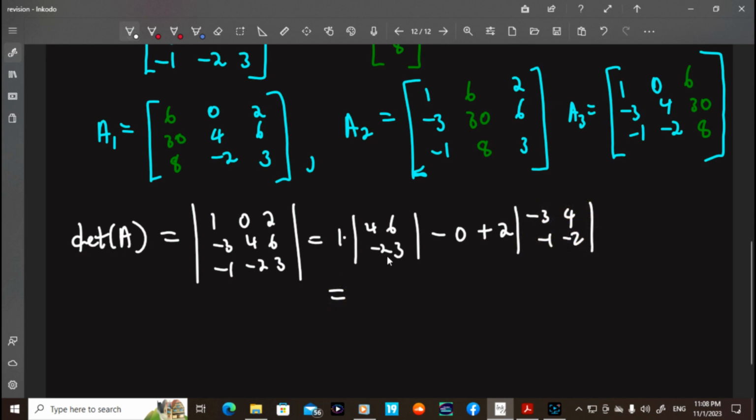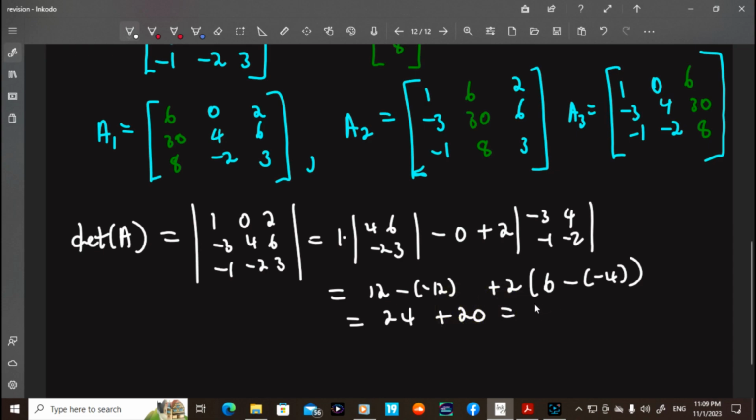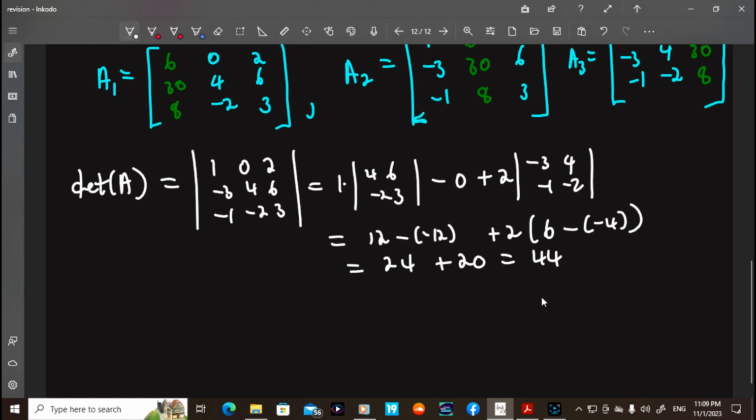The determinant would be 4 times 3, which is 12, minus 6 times -2, which is minus -12, so 24. Plus 2, here -3 times -2 is 6, minus 4 times -1, minus -4, so 6 plus 4 is 10, and 2 times 10 is 20. So now I have 44. Okay, so 44 is the determinant of A.